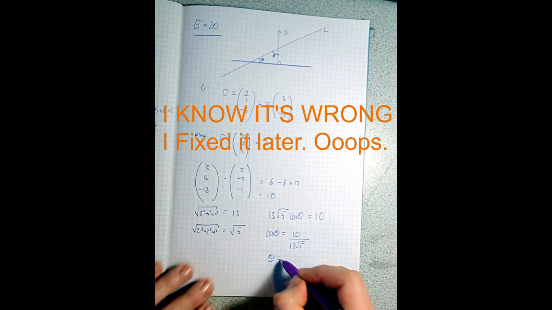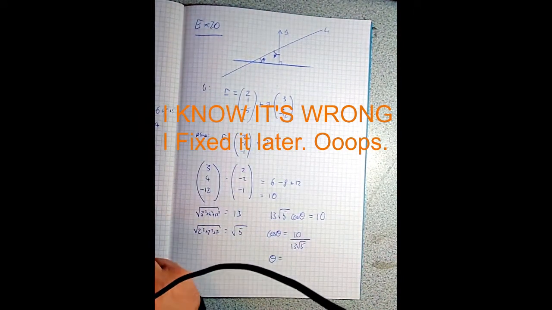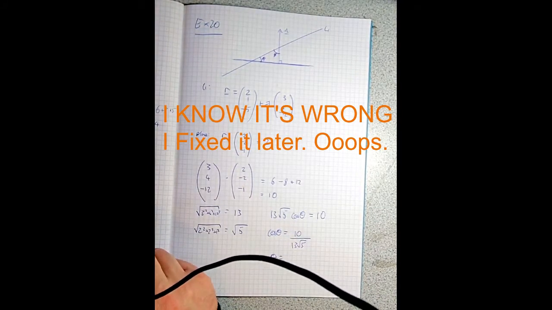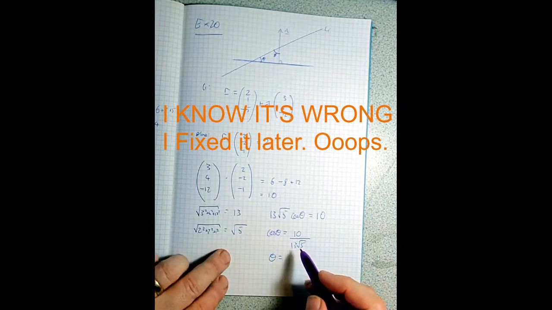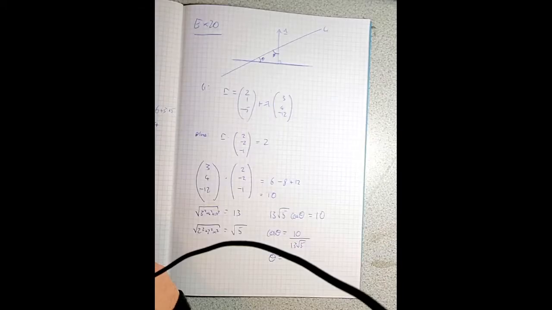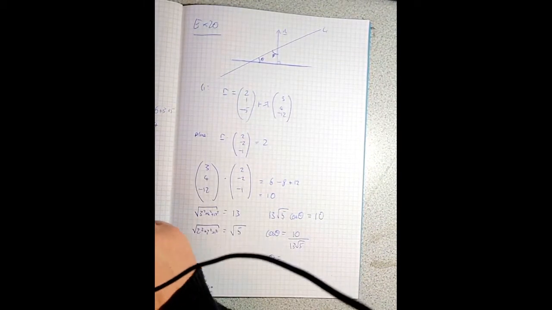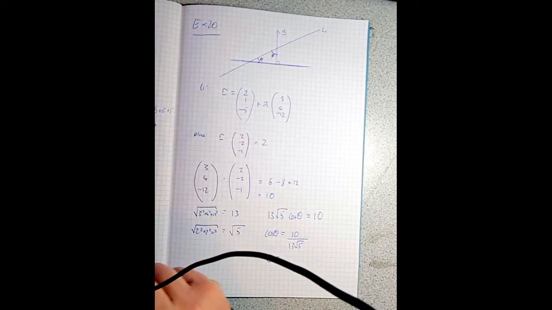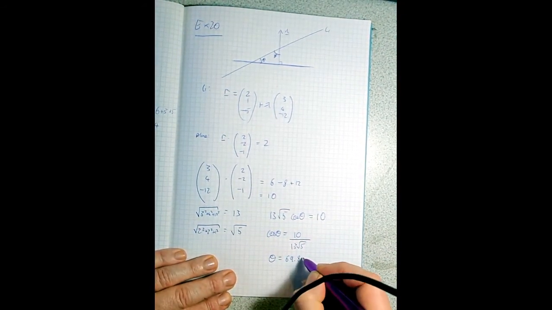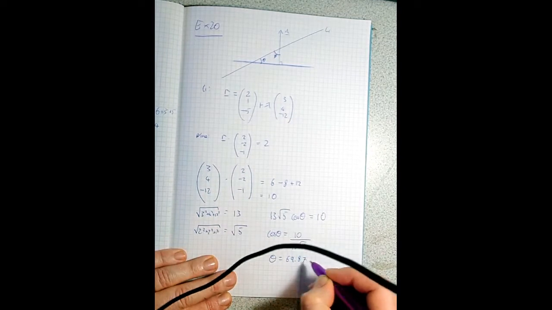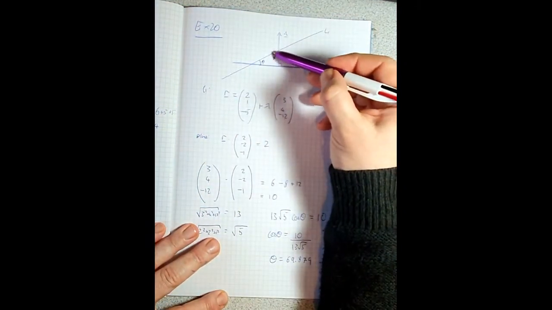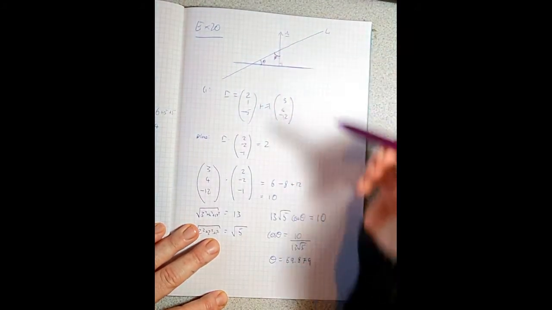So theta is, let's do inverse cos of that. Actually, it's actually phi that I'm going to find, isn't it? 10 over 13 root 5 gives 9.879. That's the angle between the line and the normal vector.